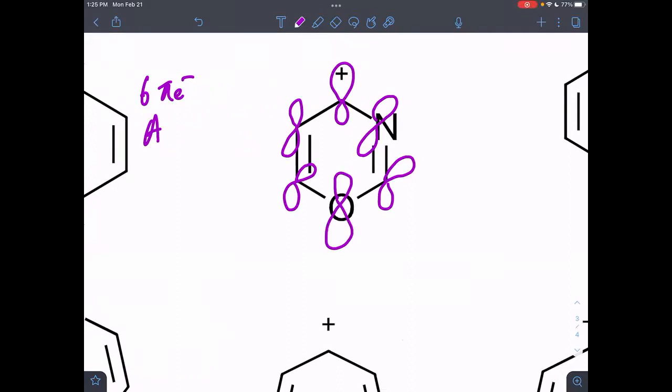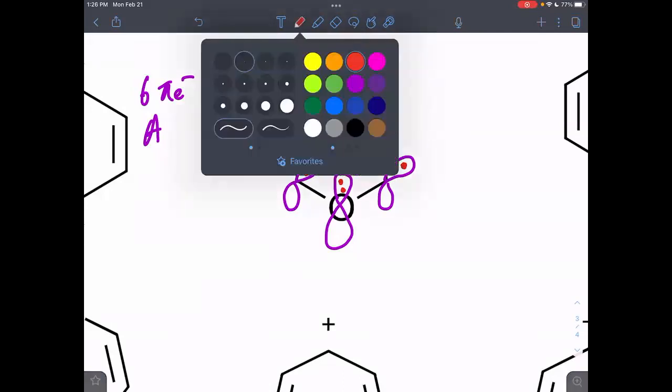So 6 pi electrons. Yeah, there's 6. So the carbocation gives you 0. The nitrogen, it's double bonded, so it gives you 1. The other half of the double bond also gives you 1. The oxygen could give you 2, or it could break the system, but we'll put 2 for now. And then the other 2 give 1 each. So we add up the red dots, that's 6 pi electrons, and that's aromatic. So the oxygen is going to choose to be sp2 hybridized, so it can be stabilized by the aromaticity.